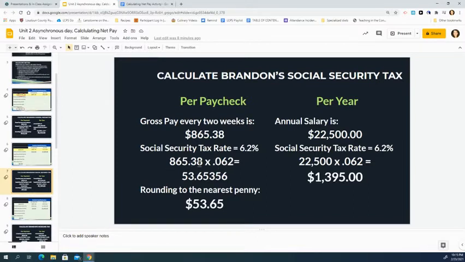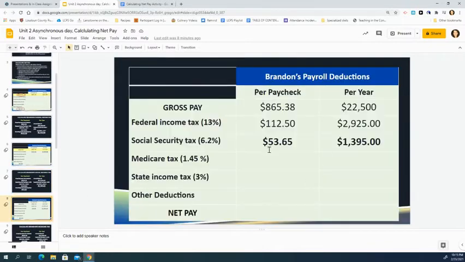So $865.38 times 0.062 is $53.65. So this is how much he is paying in Social Security tax. If you calculate that for his annual salary, you get $22,500 times 0.062, or $1,395. So we're going to add that to the chart: $53.65, because it's a 6.2% tax rate, or $1,395 per year.